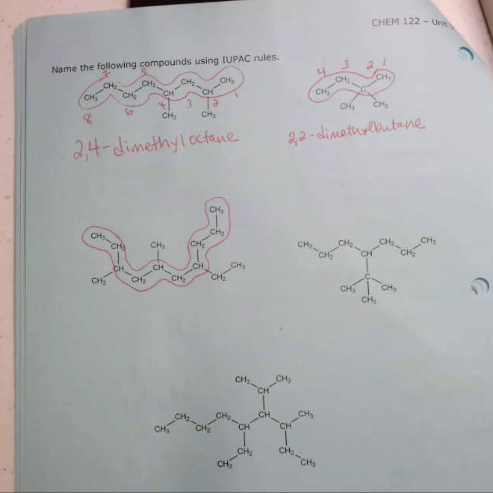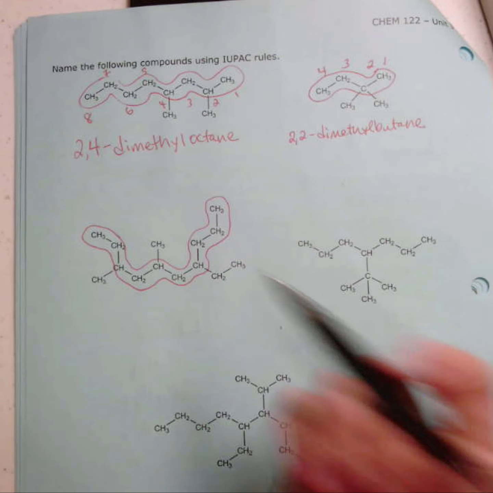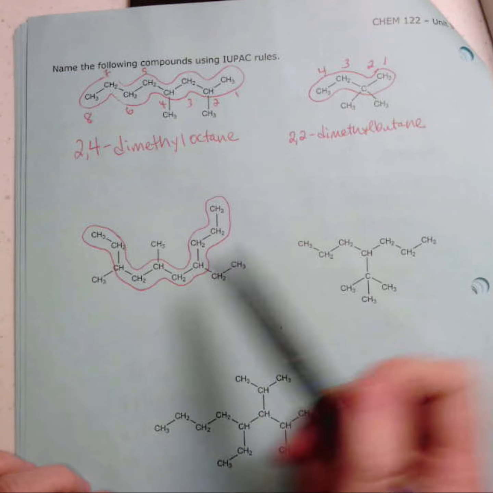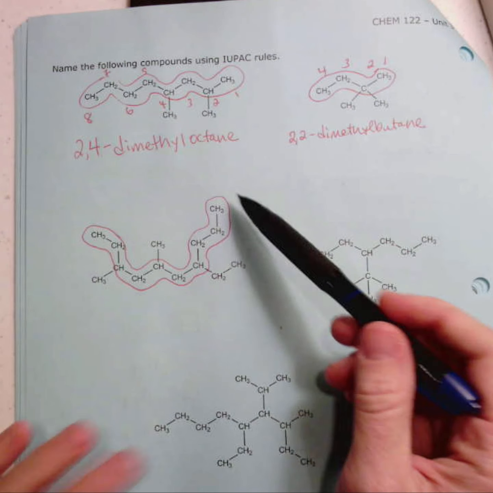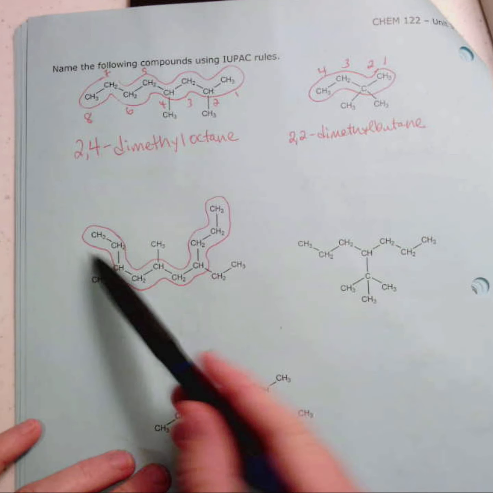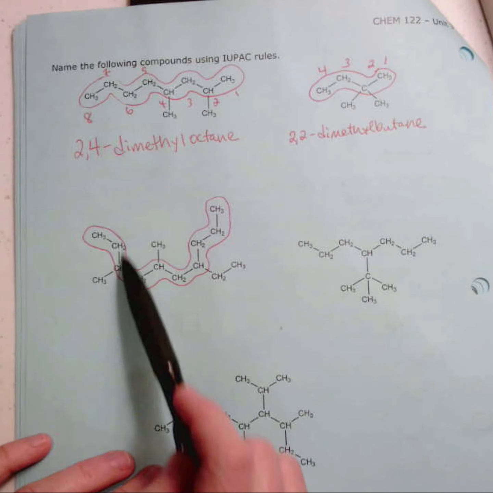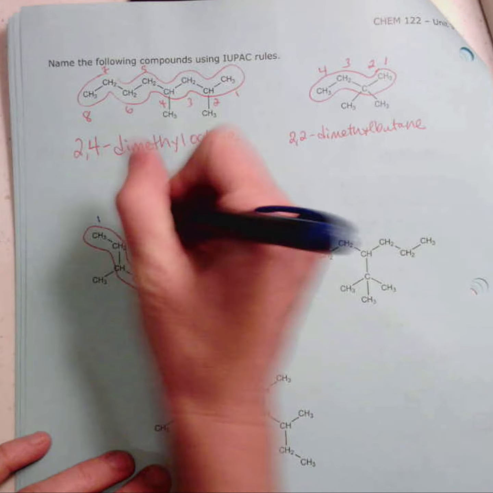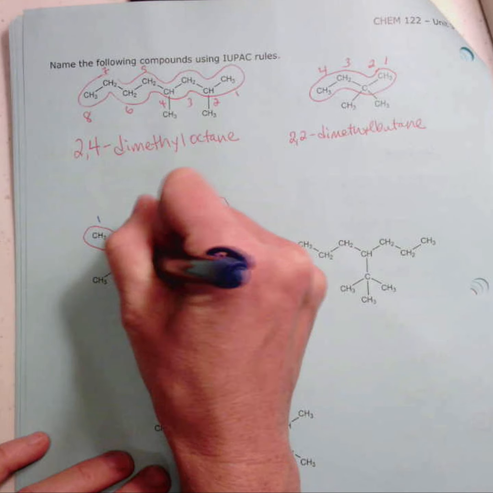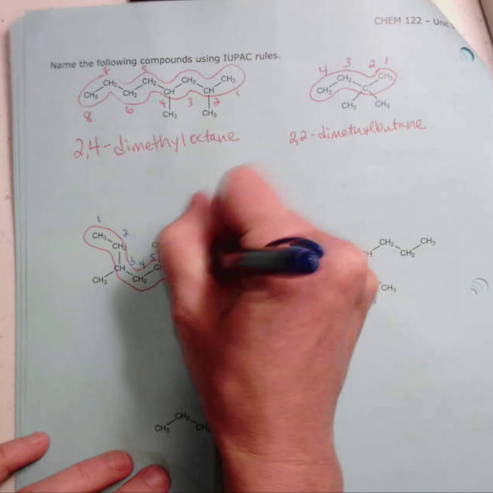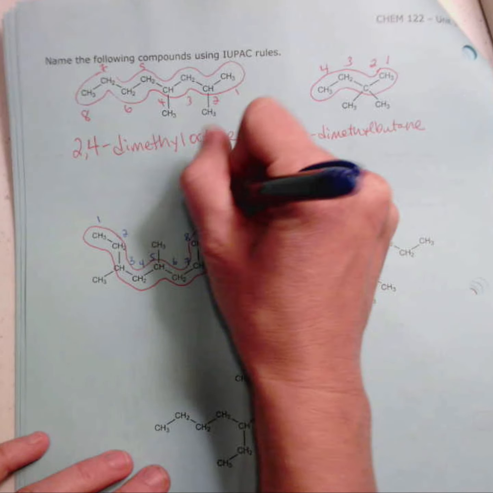Now, numbering this one. This old man decane's a real stinker. When numbering, you can start at this end or you can start at this end. And we're actually going to start numbering at this end. So 1, 2, 3, 4, 5, 6, 7, 8, 9, 10.